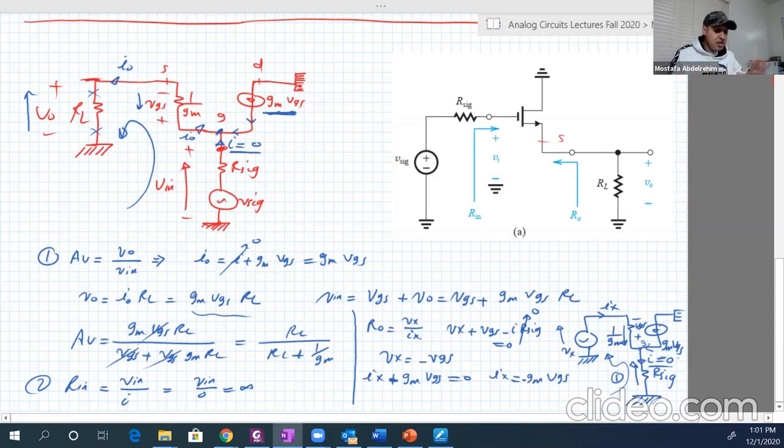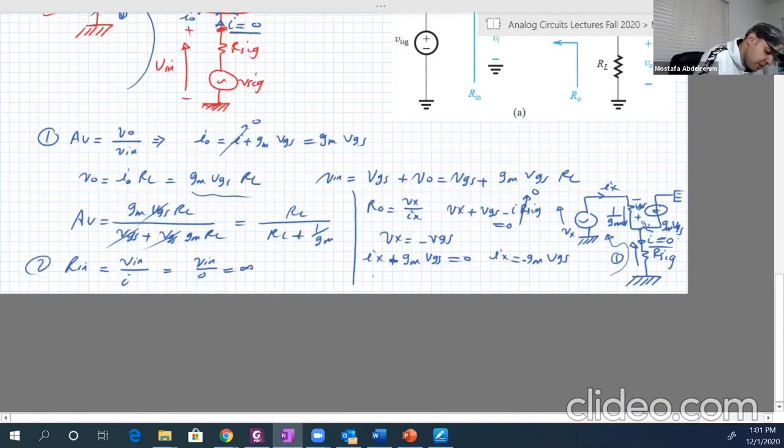So Ix is equal to minus GM VGS. So now, based on that, RO is equal to Vx, which is minus VGS, over Ix, which is minus GM VGS. VGS will go away, minus with minus, and this will be 1 over GM.